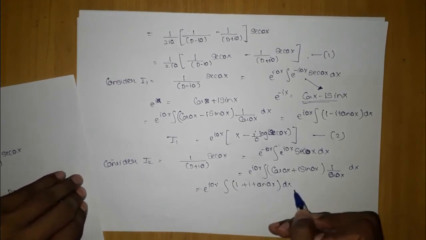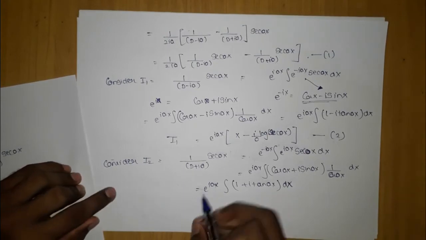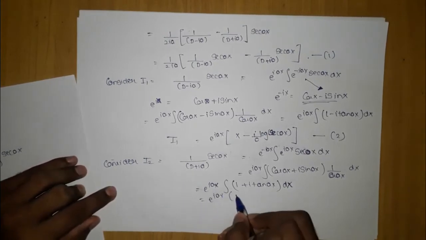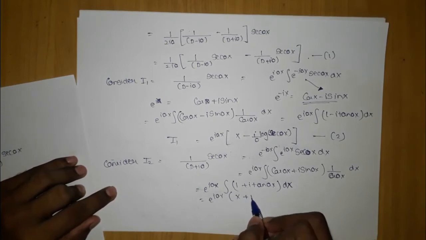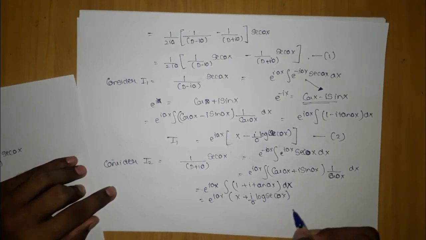Now I will tell you one trick also, but before that I want to solve it and show you. E to the power minus iax, and if you solve this, e to the power iax into x plus i by a log sec ax, this is your answer.